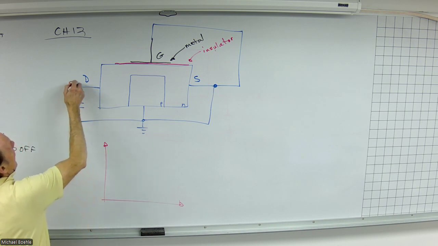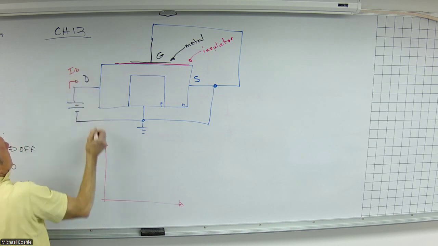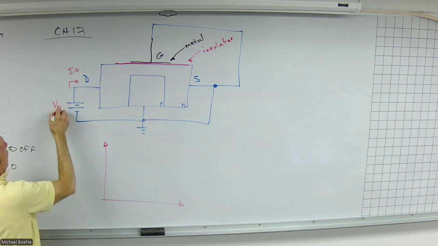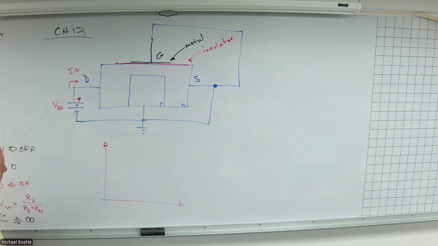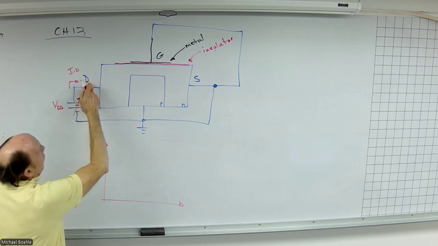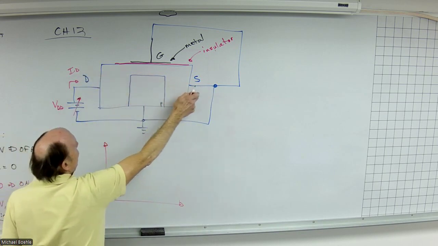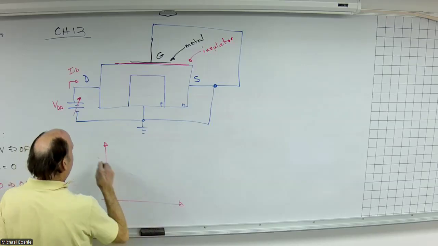We're once again looking at our drain current. So I have a drain supply voltage here that I'm going to change the value of versus the drain to source voltage.